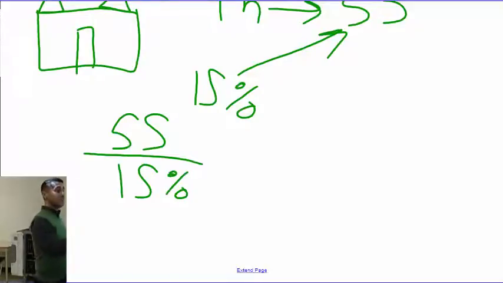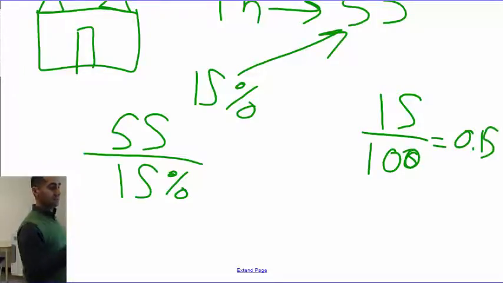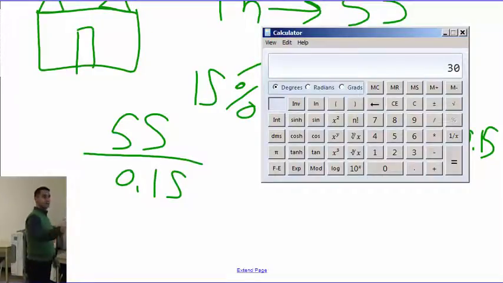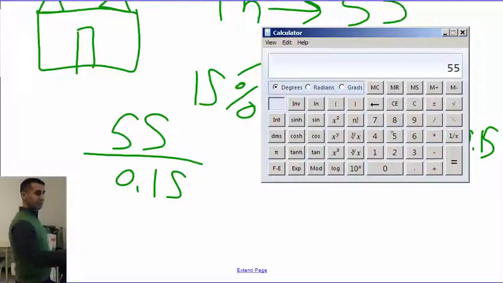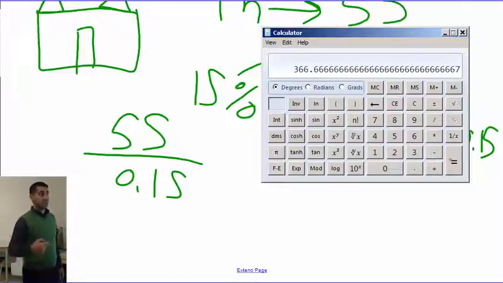And 15% means 15 divided by 100. That is 0.15. And so I'm supposed to write down 0.15 here. And I'm supposed to use the calculator. 55 divided by 0.15. And I am getting a weird number here. So I'm going to round this up. Number of cookies.